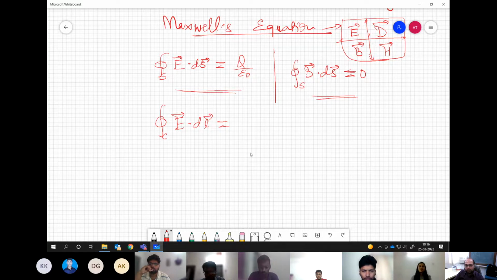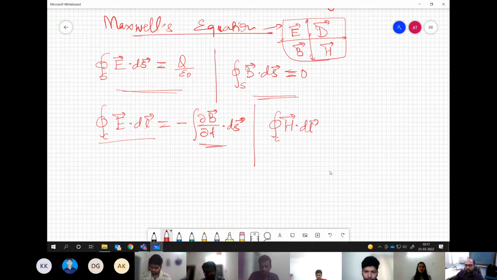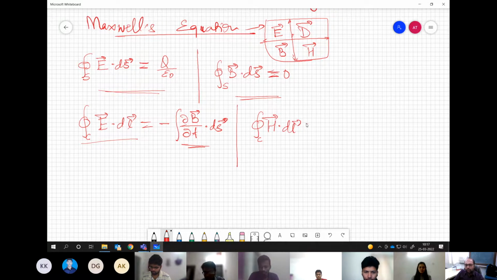And similarly, if you have the integration of magnetic field intensity over a closed contour, what do you get? I enclosed. Is that all? There is displacement current then.